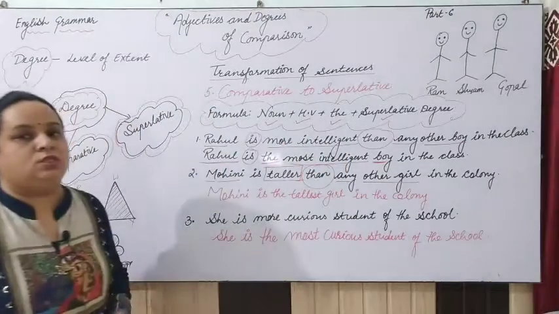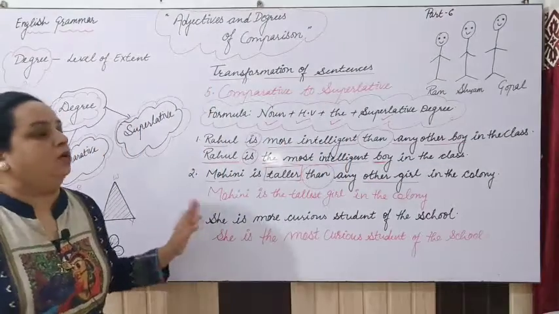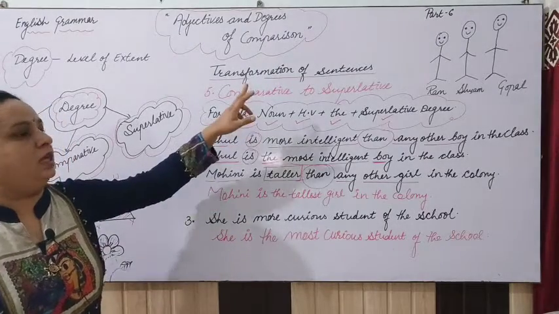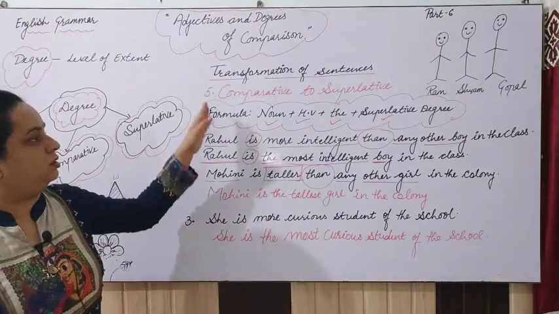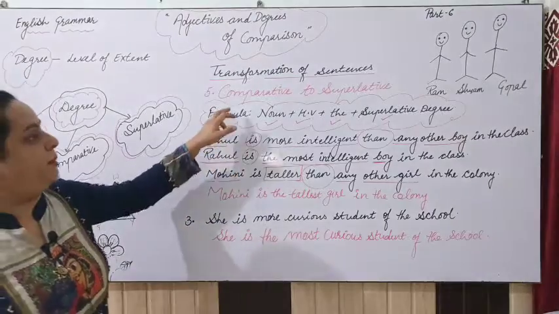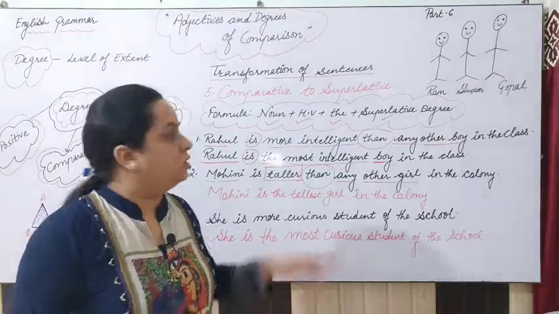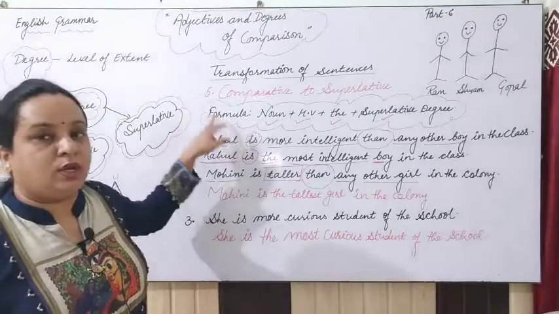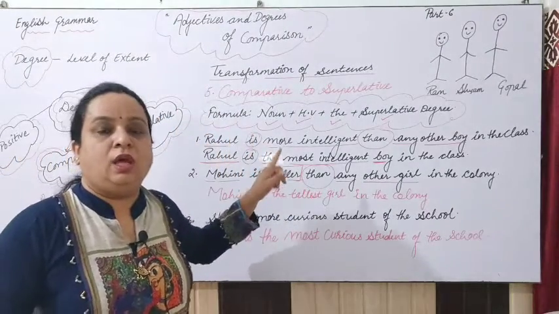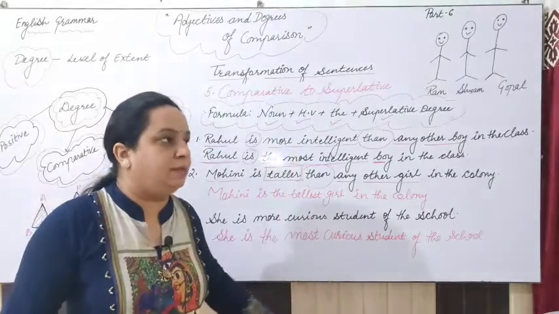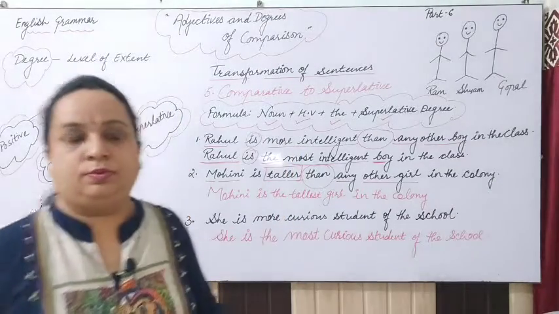So this is what we learned here with the help of this formula, how to change comparative to superlative degrees. Okay, so please take the screenshot, note down the formula, the easiest one, and write down the examples in your notebook.